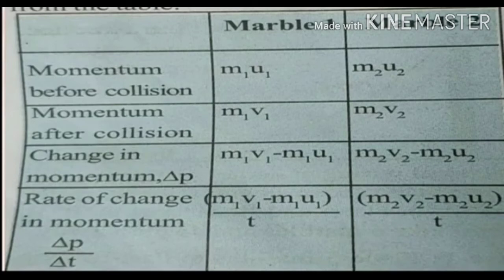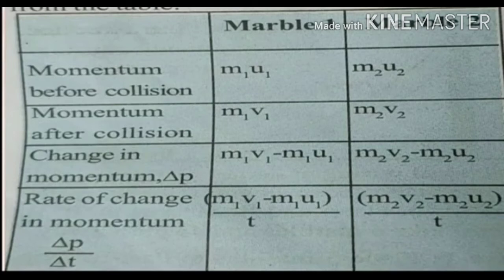The momentum after collision is m1 v1 for marble 1 and m2 v2 for marble 2. Change in momentum, delta p: what will be the change? For marble 1 it becomes m1 v1 minus m1 u1, which I have given here, and for marble 2, m2 v2 minus m2 u2.